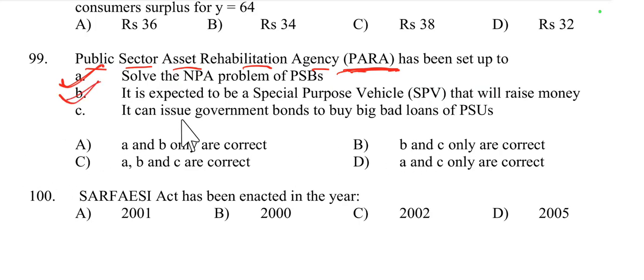Then option C, it can issue government bonds to buy big bad loans to public sector units. So PARA has the capability to issue government bonds to finance the acquisition of large problematic loans from public sector units. So option C is also right here. Thus all the given statements about PARA are correct. So A, B, C all are correct. So option C is right here.